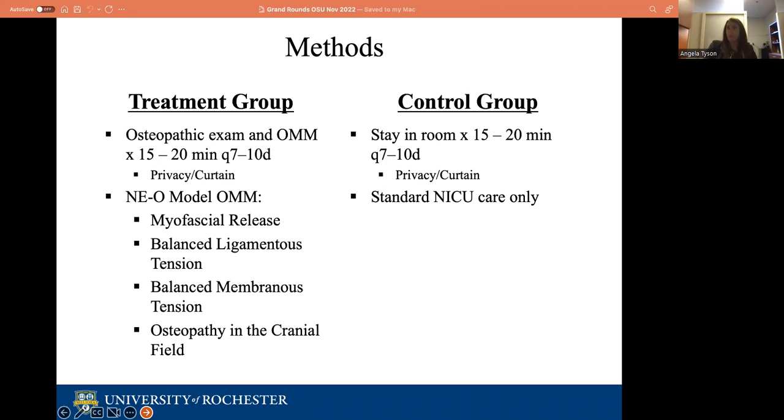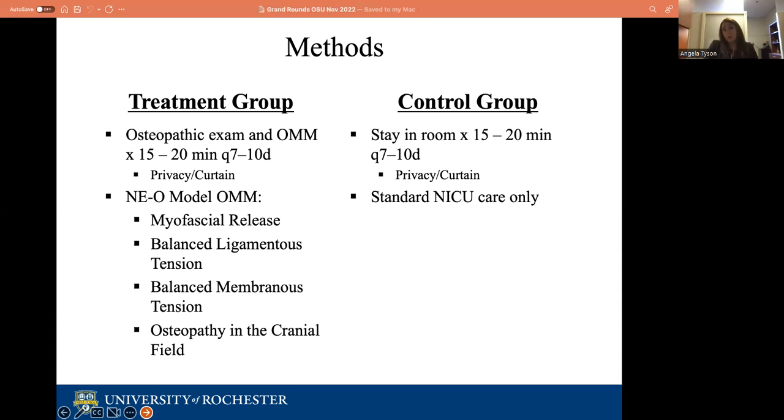So same thing when we're going through, I have no idea what strain patterns I'm going to find in a normal baby at a certain gestational age. There's no data on that. So every single baby has an OMM sheet, and every single baby gets documented just absolutely tooth and nail for what was done and what was found and what the outcomes were at the end of the treatment.